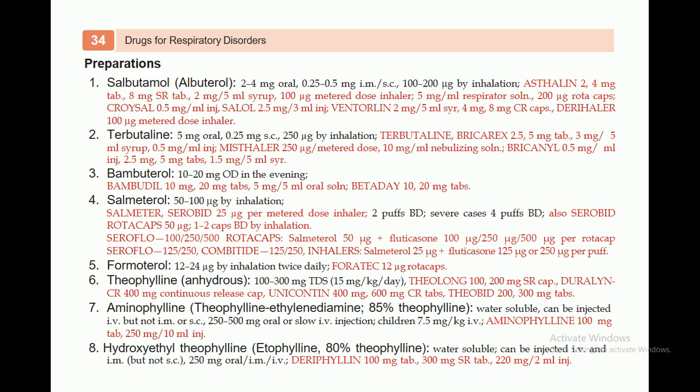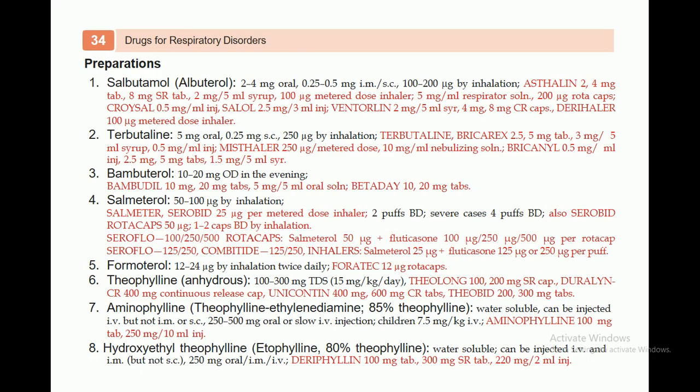You can see here these are the different brands of salmeterol which are available and depend upon the condition of the patient, like Seroflo, that is 100 by 250, Rotacaps, and salmeterol 50 microgram plus fluticasone 100 microgram per 250, or 500 microgram per Rotacap.